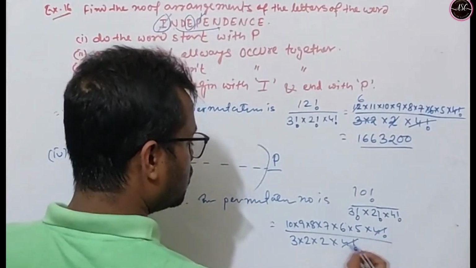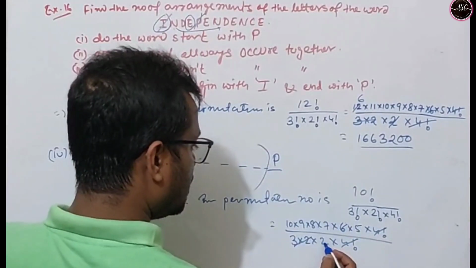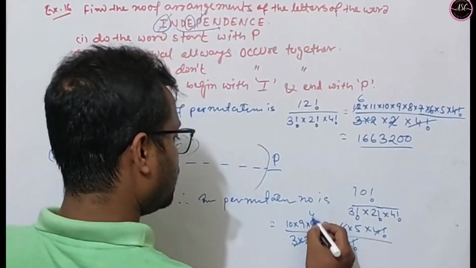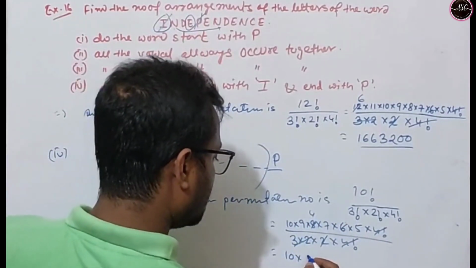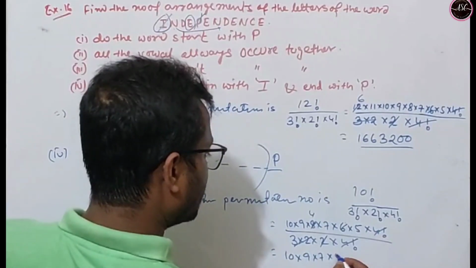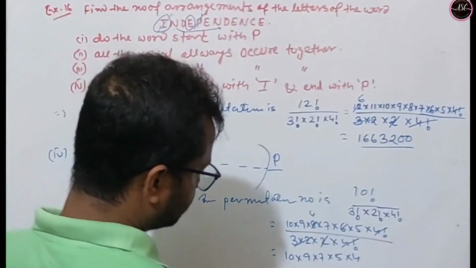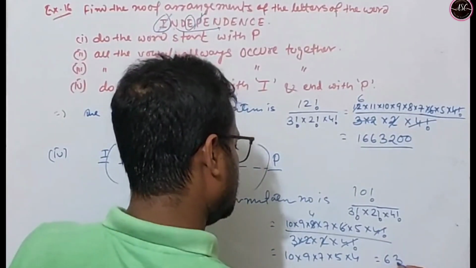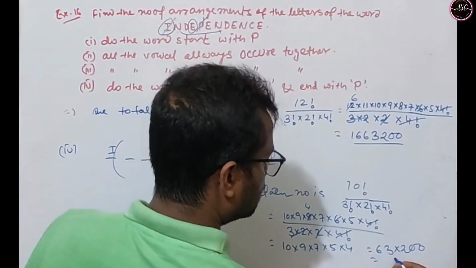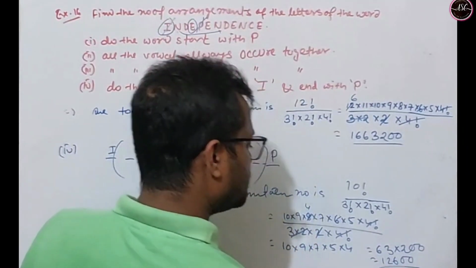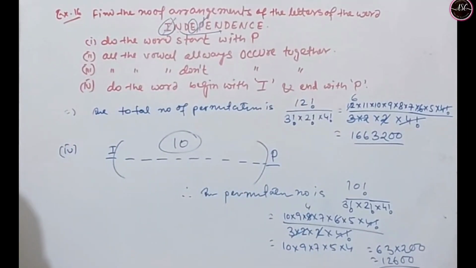Just cancel out this 2 and this 4. We have 10 into 9 into 7 into 5 into 4. So we have 63 into 200. Therefore 12,600.